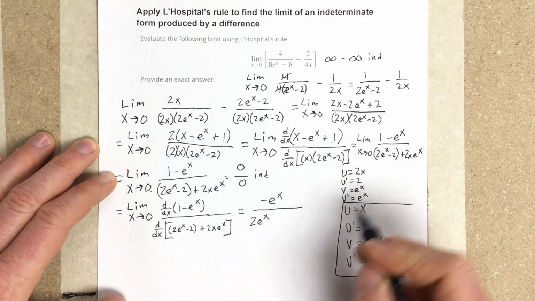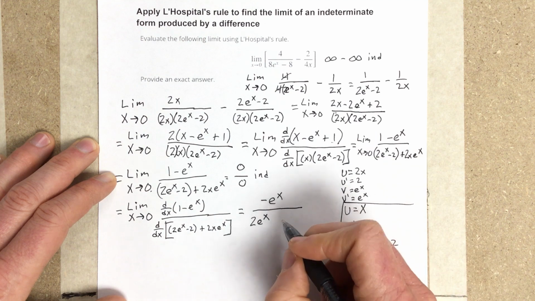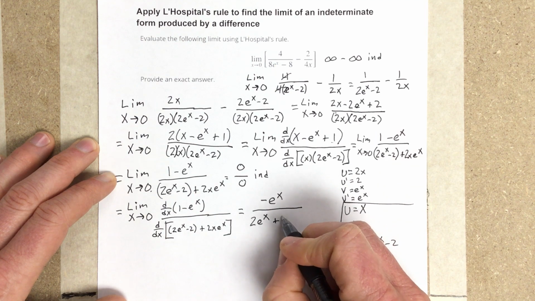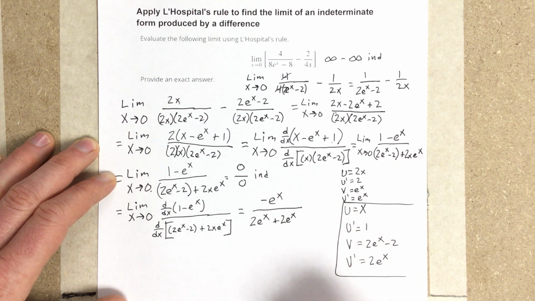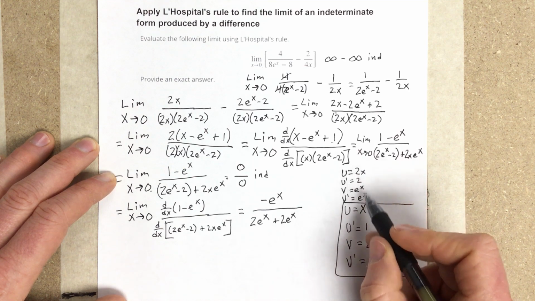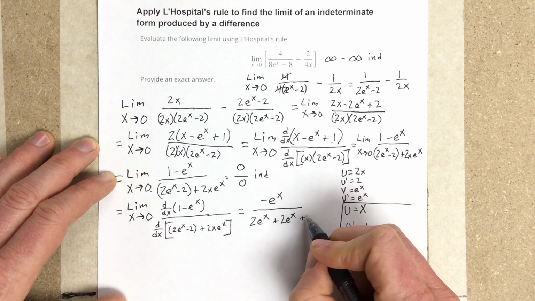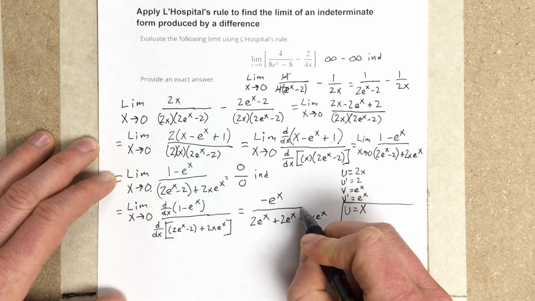So I end up with 2e to the x, so plus 2e to the x, and then I have still 2x e to the x, so plus 2x e to the x.